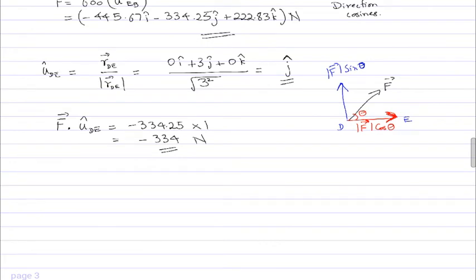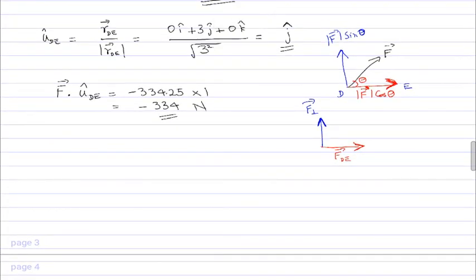So there's a vector in the perpendicular direction. Let me call it F perpendicular. And then there's a vector in the parallel direction. So this is F DE in the vector notation. So this is no more the magnitude of the component, this is the Cartesian vector notation for DE. And in between them is the force F.